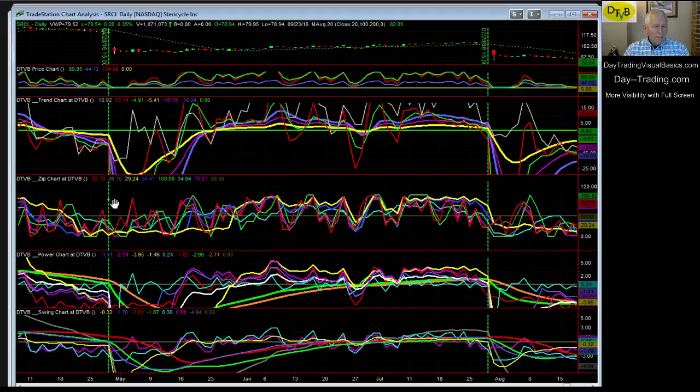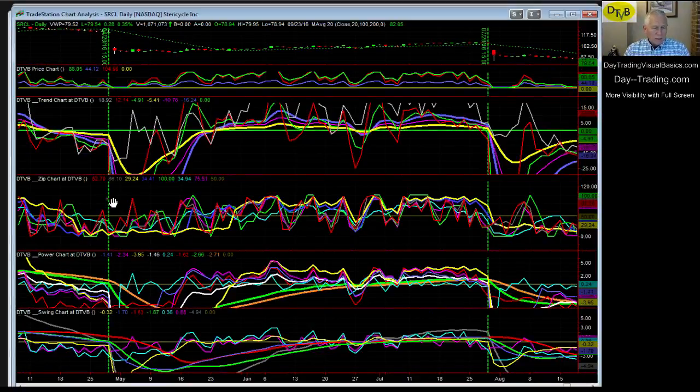One day back of this green vertical line is a red peak, and the red is up to 64. It only made it to 64 because of the market pressure on that day, which indicates it's going down, and in fact it did go down the next day.